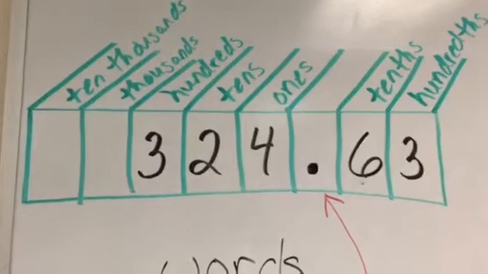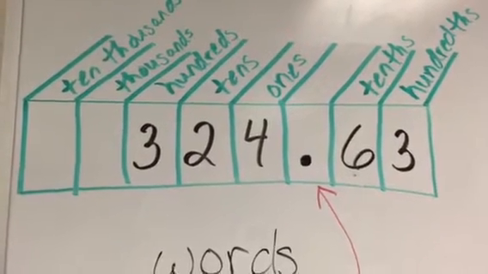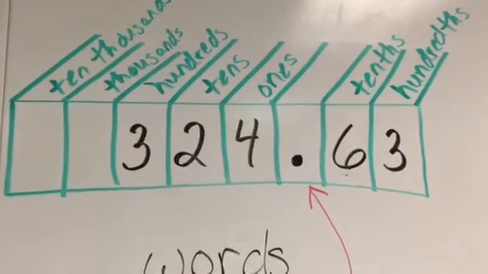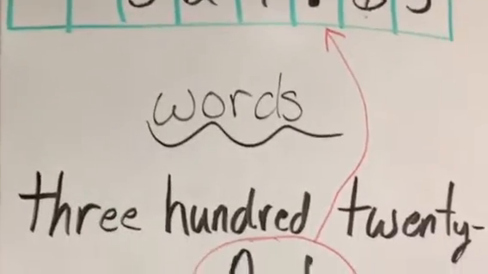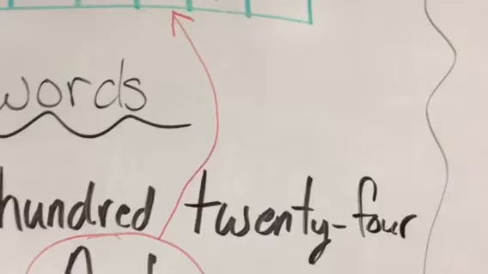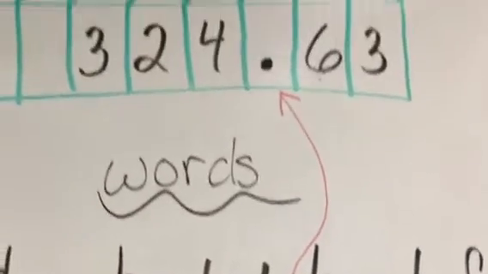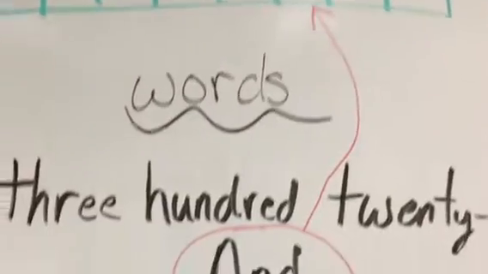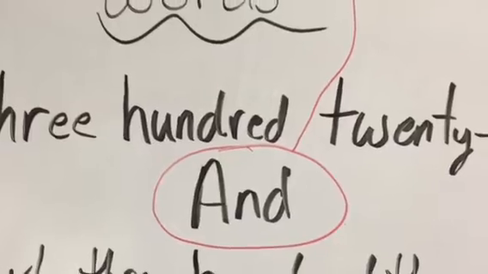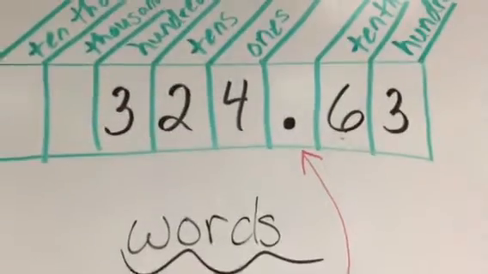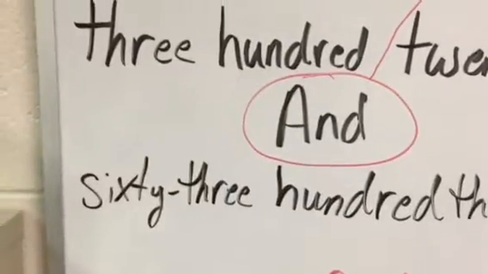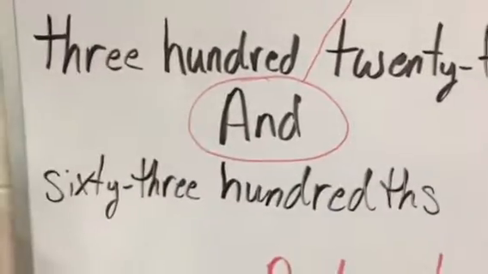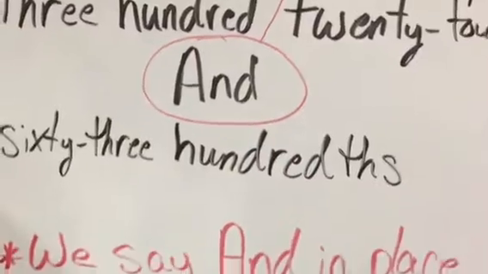So let's look at how we would say this. Well, we might say 324.63, but we're going to say it a little bit different. We're going to keep the 324, but instead of saying point or decimal point, we're going to say "and." So 324 and 63 hundredths.